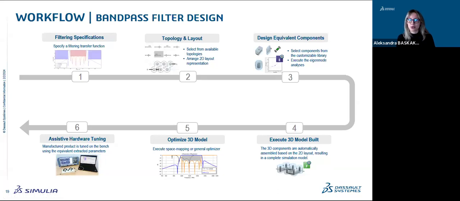Finally, the 3D model will be automatically optimized by a space mapping routine based on the eigenmode results and the coupling matrix extraction. When the device is manufactured, there is a possibility to make the final tune using the tuning feature of Filter Designer 3D.